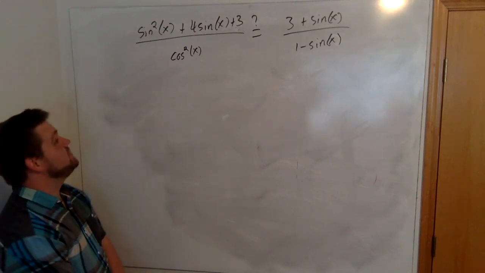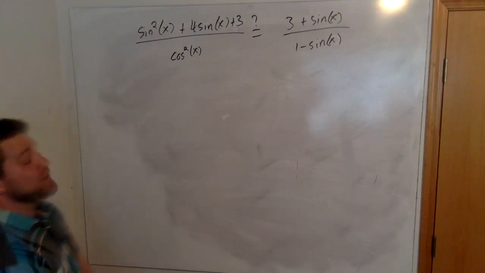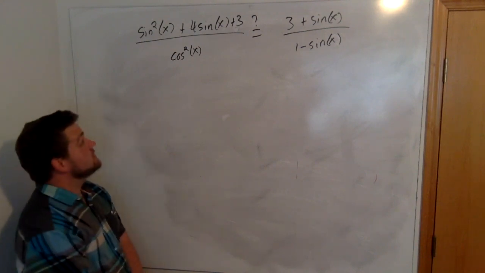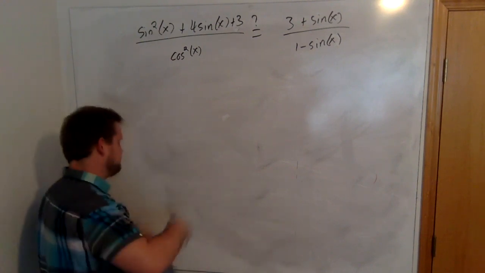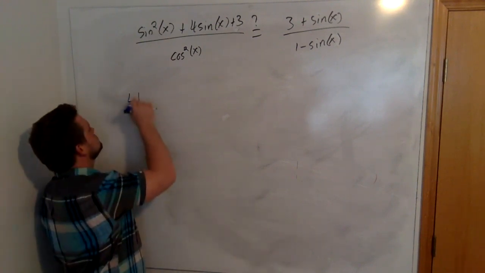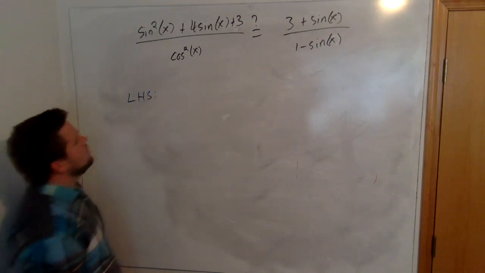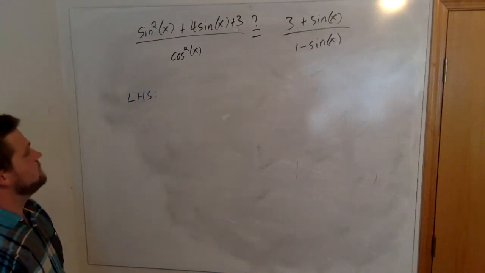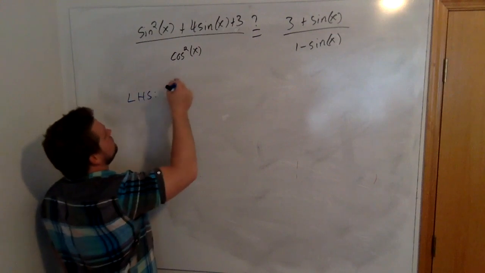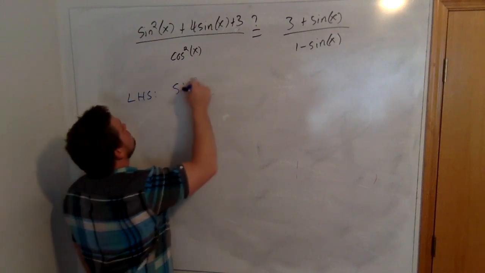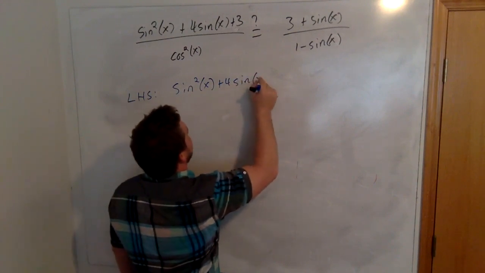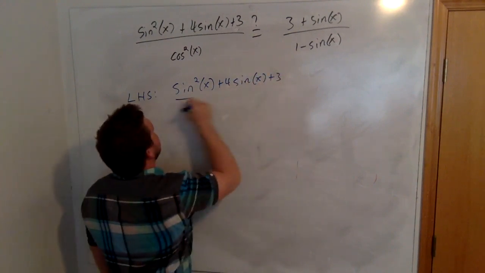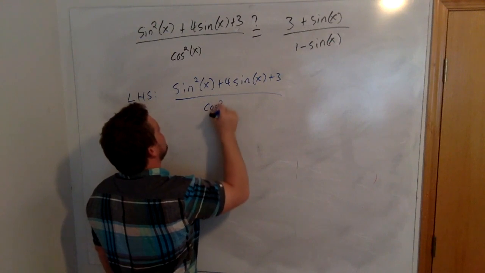Okay, let's do it. I think there are a couple great ways we could approach this one. Let's say we start with the left-hand side, sine squared of x plus 4 sine of x plus 3 all over cosine squared of x.